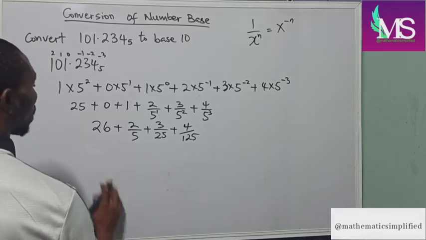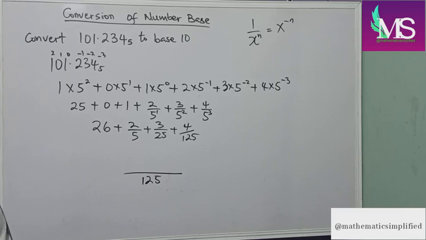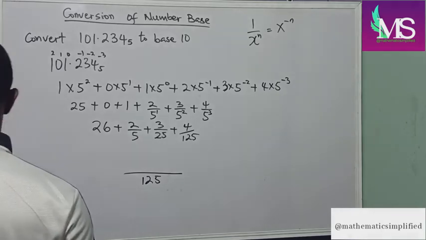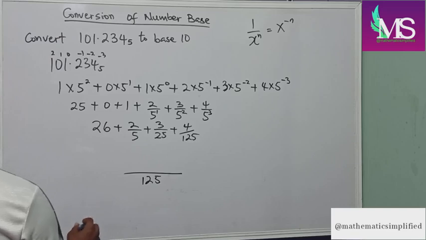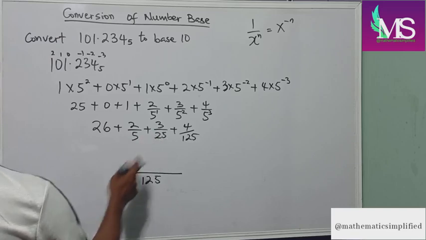Okay, now from here we know that we have 125 as our LCM. Alright, if this becomes 125 as our LCM, we'll now have this as, this will give us 25.